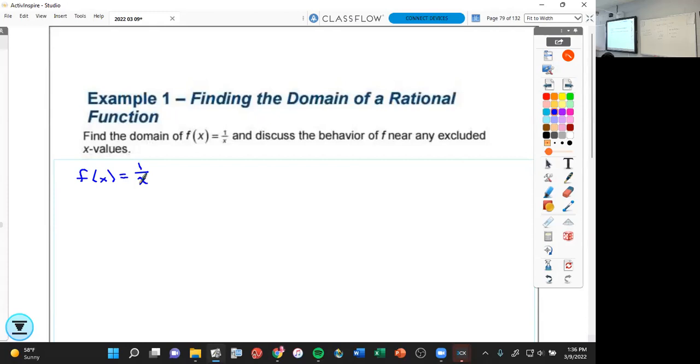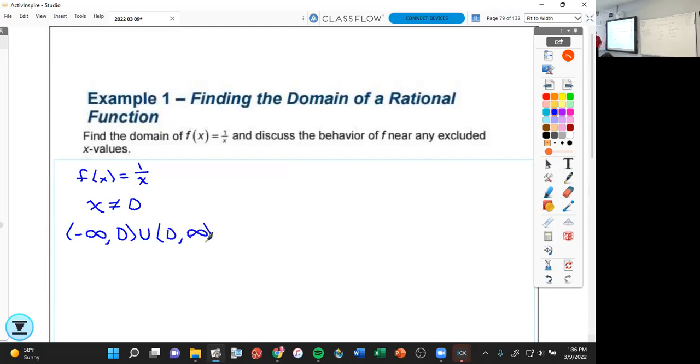So back to this problem. Find the domain. Y'all have already told me the domain. Fred did anyway. He said x can't be 0. Is that the domain? Yes. The domain is x can't be 0, because if x was 0, then you'd have 1 divided by 0, which is impossible. We could also write that as negative infinity to 0, parenthesis, union 0 to infinity, right?